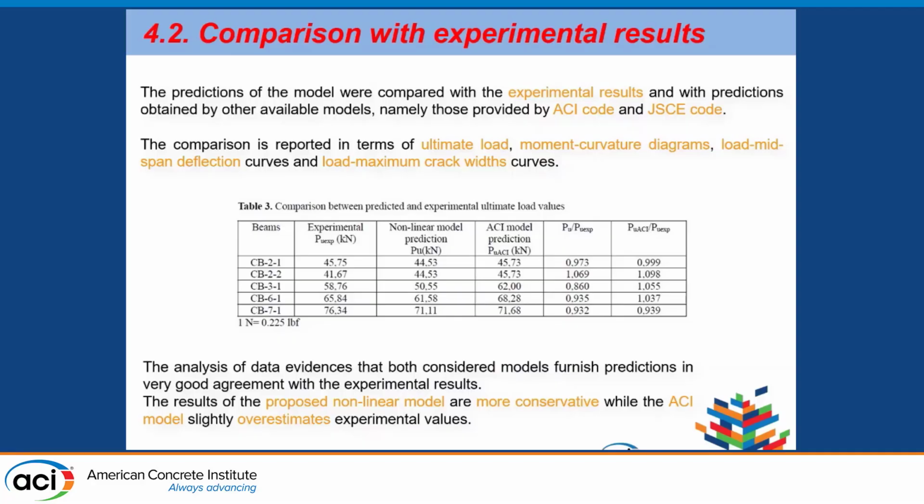In general, the ratio between the nonlinear model and experimental results is quite good, the nonlinear model providing slightly underestimated values, whereas the ACI model provides slightly overestimated results. However, the estimates are very good.